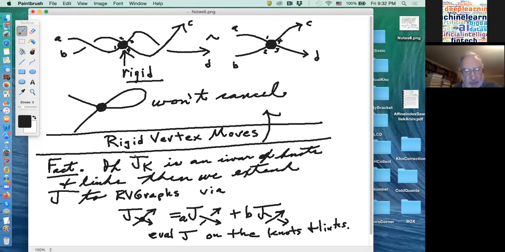And this extension, j extended, is an RBG invariant.